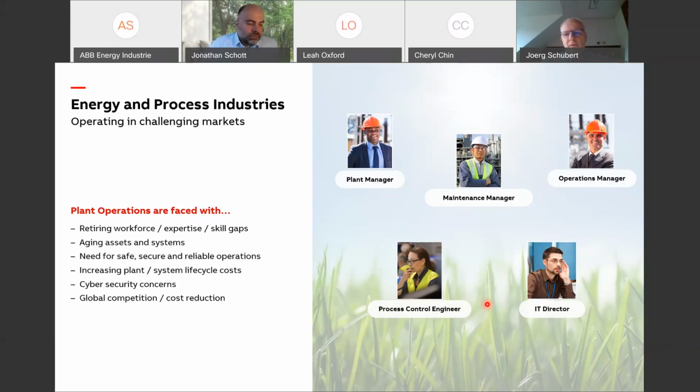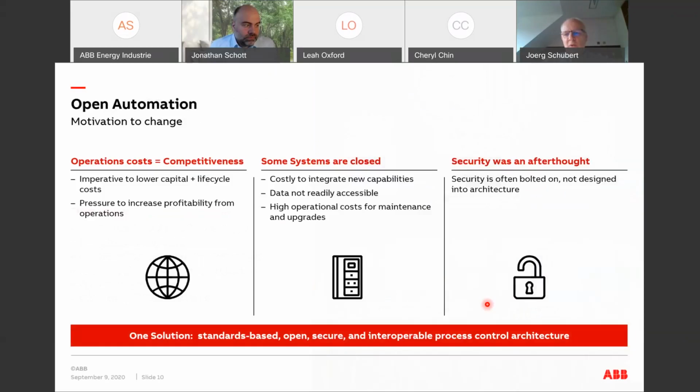Not all of that necessarily is how the Open Process Automation Forum is seeing it. This is the topic of today. But when we look at open automation, we can see clearly that the Open Automation Forum is trying to address some of the items that we are also seeing as market driving things.